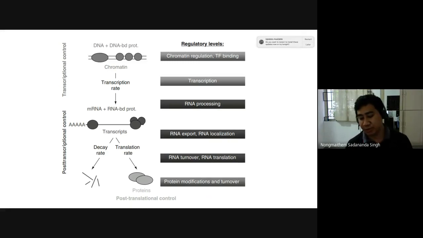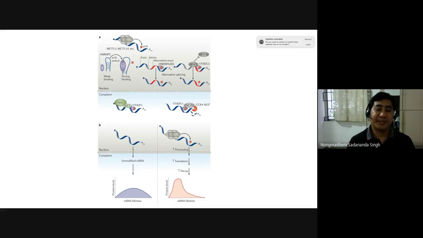All those things are part of regulation. But here, what we are going to do is more of translational regulation, some of the basic concepts with some examples. So one example is RNA modification, which can have a lot of implications. In this slide, what we're talking about is that there are many methyltransferases for the RNA as well, not only the DNA.